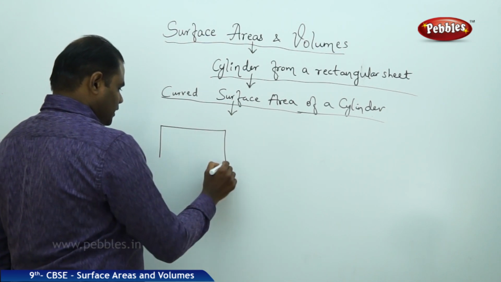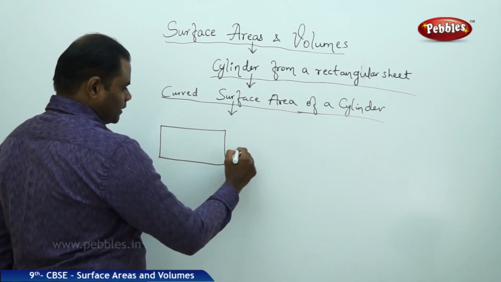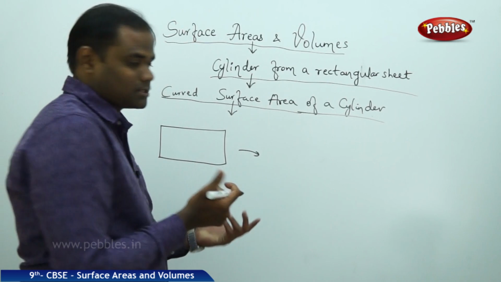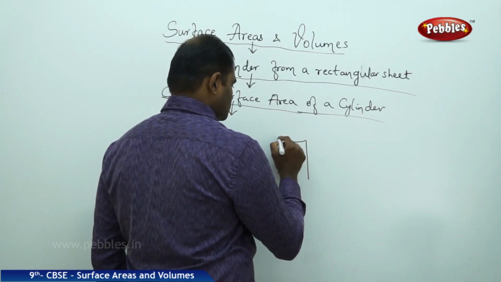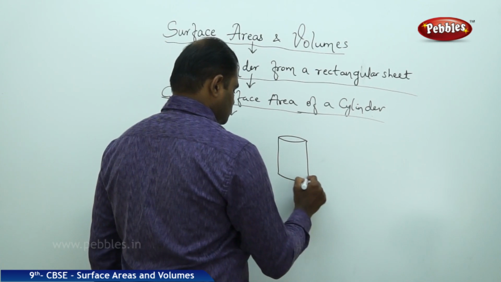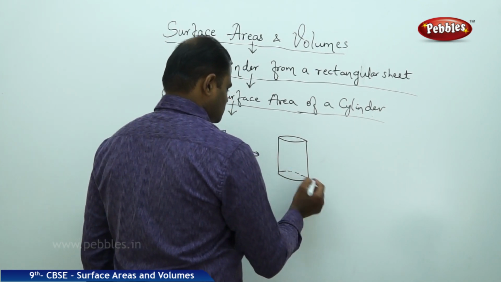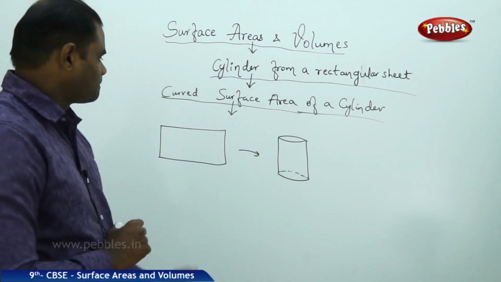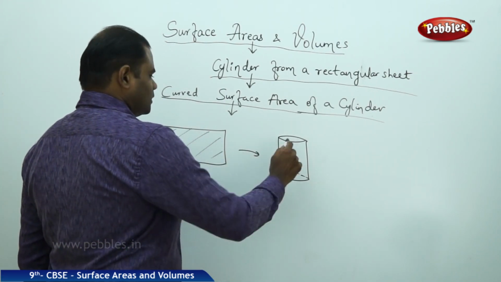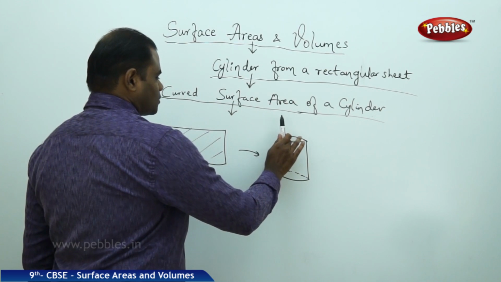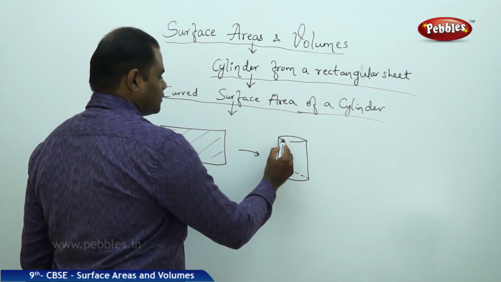Let's come back to the rectangular sheet of paper which, when rolled, forms a cylinder. Therefore, the same area as occupied by the sheet of paper will be the same area as occupied by the curved region of the cylinder.